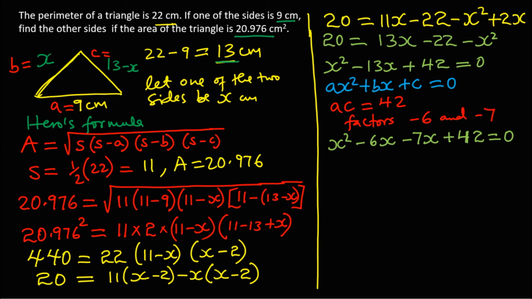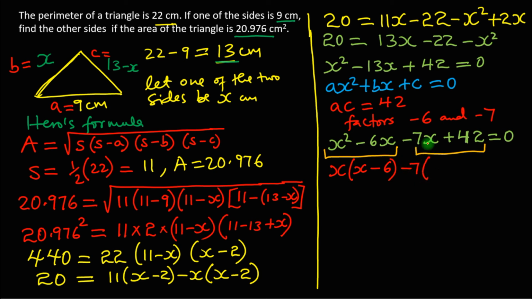Then we take them into pairs and we factor out. So x is common, so x squared divided by x, that is x, minus 6x divided by x, that is minus 6, close the bracket. Then minus 7x and 42, 7 is common, so you have minus 7.